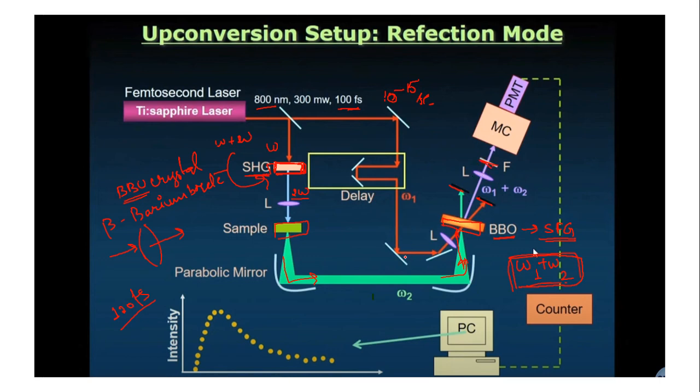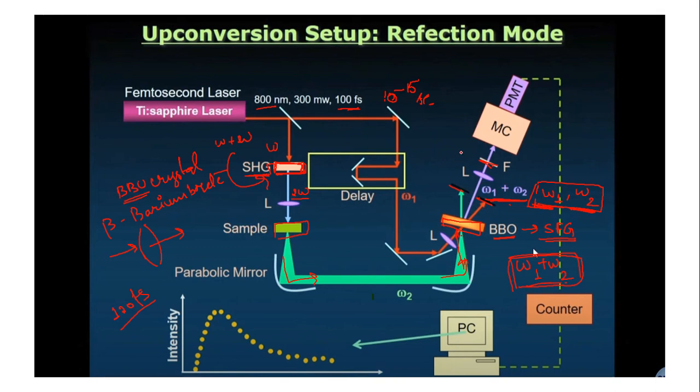Now as usual, when you pass this fluorescence light, you will not get only omega 1 plus omega 2. You will get some amount of omega 1 and some amount of omega 2 along with it. So for a good reading, good resolution and a clean spectra, you need to cut these two wavelengths out. These two frequencies are smaller than this one.